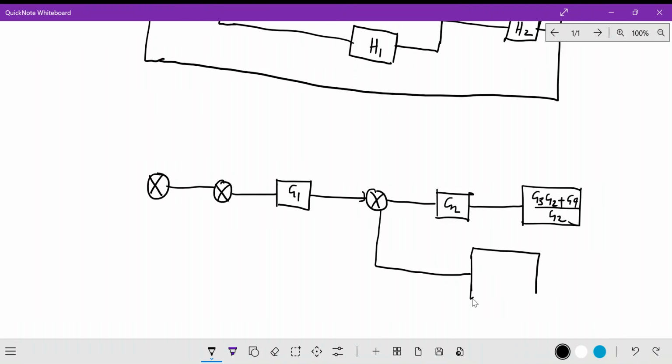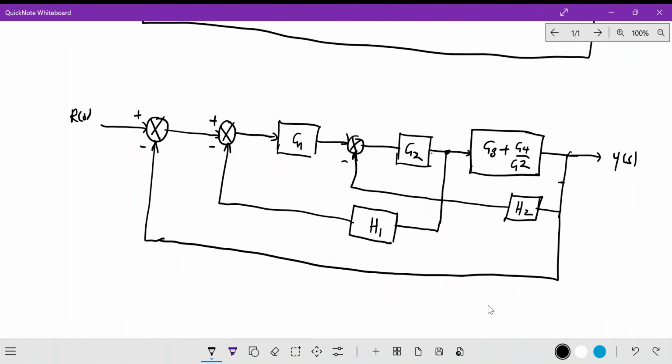So this one becomes G2 H1 divided by G3 G2 plus G4, when you divide, right? Because we're moving this takeoff point to this position, so this will be H1 divided by this gain here.